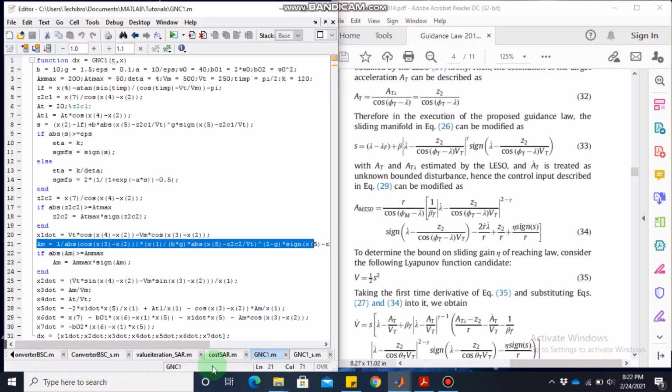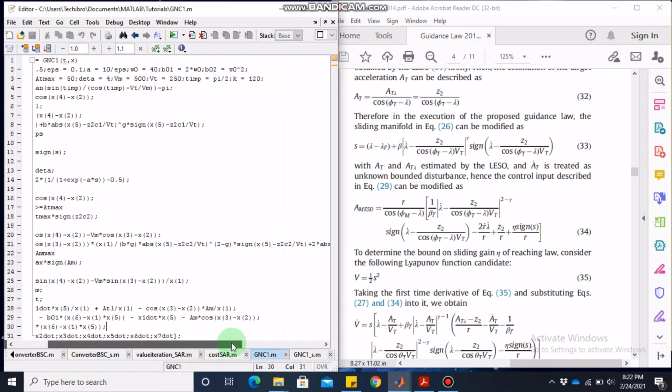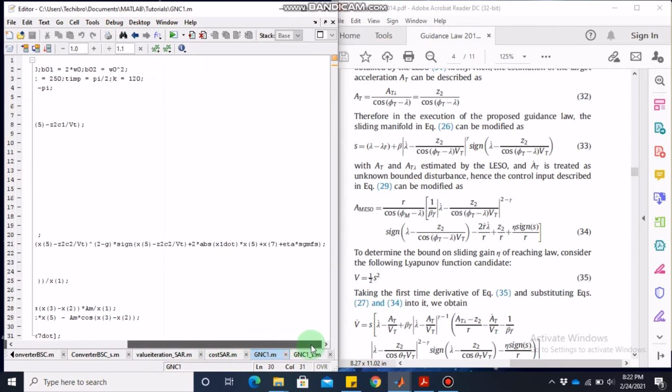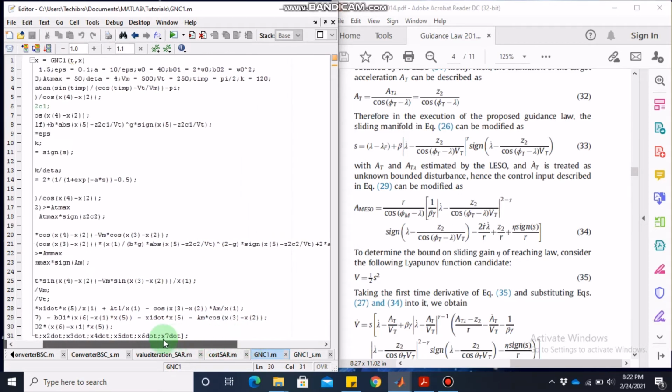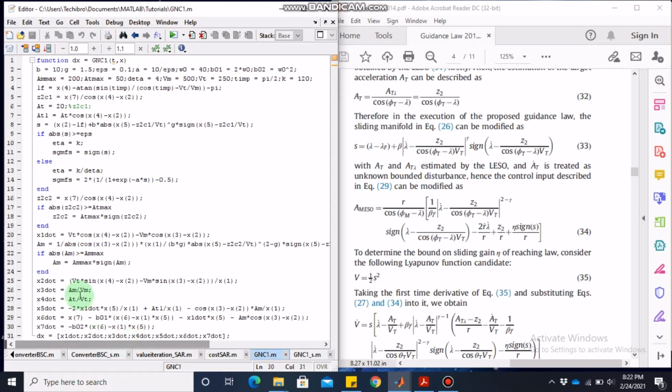You can basically pause the video here and copy this whole code, except that there are some missing terms in the guidance law. So I will slide the file over so that you are able to see the remaining part of the guidance law, and then you can basically copy this code from this video, and so this is the whole code for you.